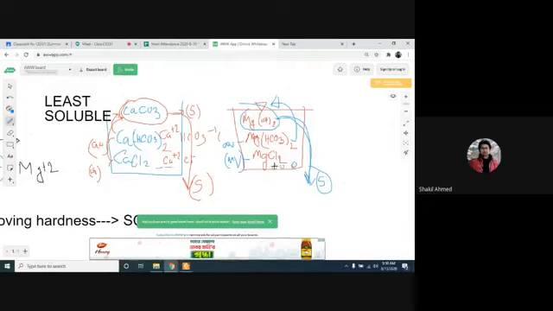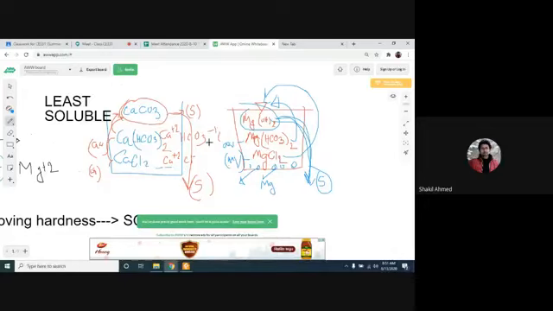When it gets precipitated, you can easily remove it, right? Similarly, if magnesium chloride can be transformed to magnesium hydroxide, then it will be precipitated and you can separate it easily.